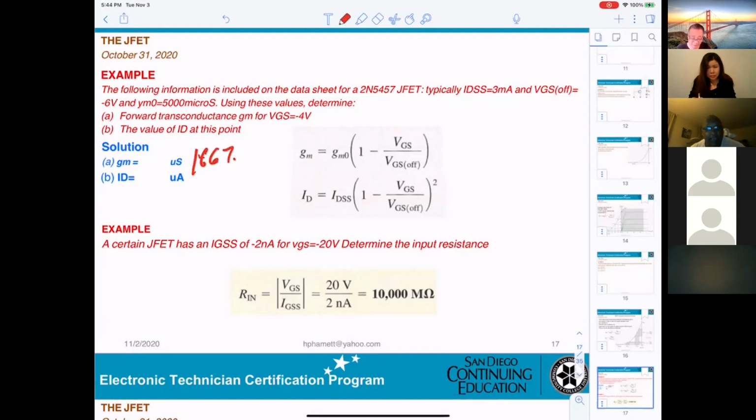I also got 1666.7. 0.001666 is what I got. The one Mr. Pham got seems like it's right. Yes, in micro, that's right. 1667, that is the answer.